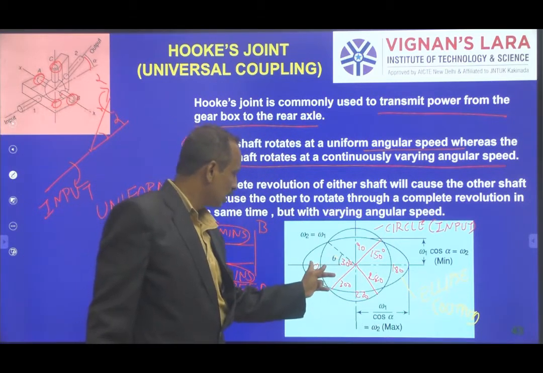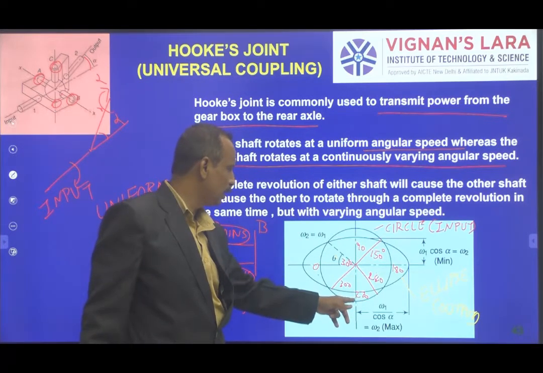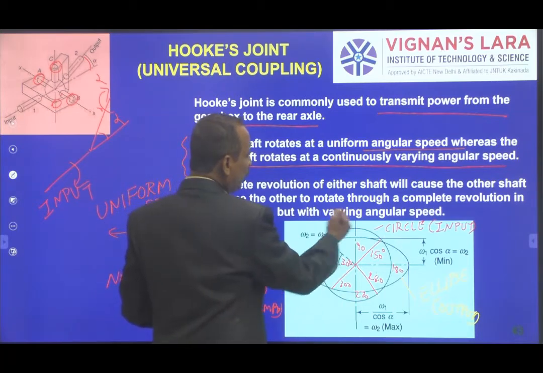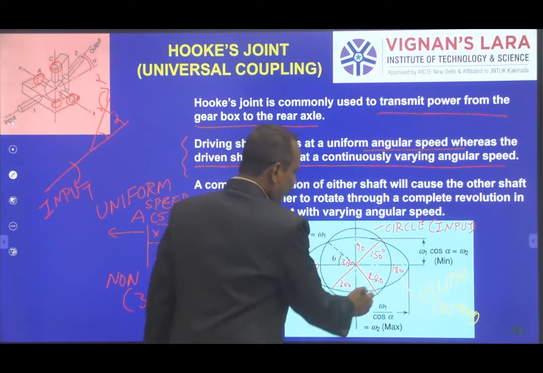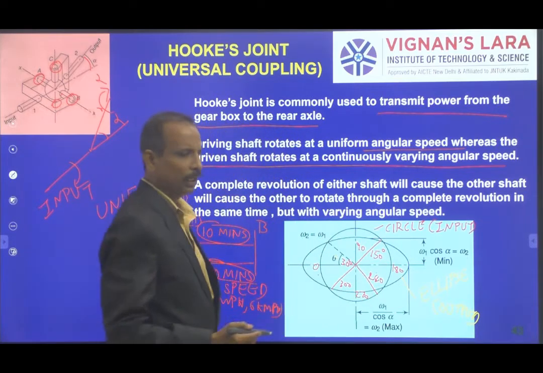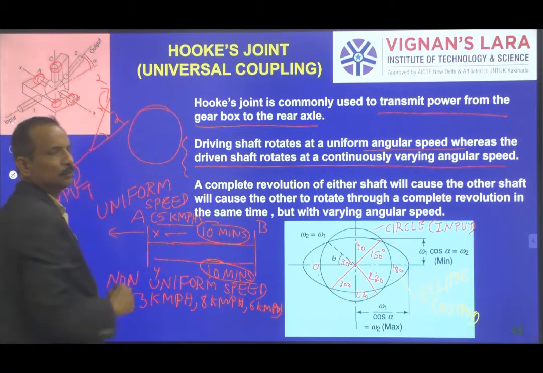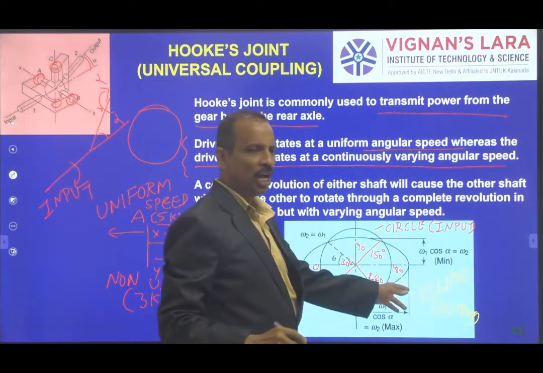Starting like 30, 90, 150, 180, 200, 270, 300, 360. So irrespective of the angle, the same velocity is maintained. That is why you got a circle. The radius is fixed. And what about the output shaft?